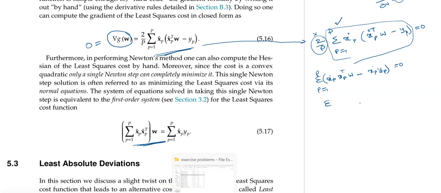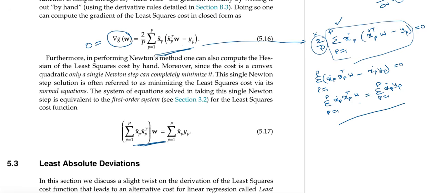Furthermore I can write sigma p equal to 1 to P x_p x_p transpose w equal to sigma p equal to 1 to capital P x_p y_p. This is what we wrote here. Hope it is clear to you.